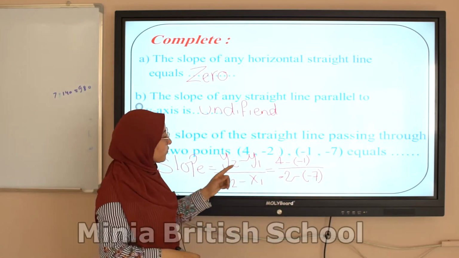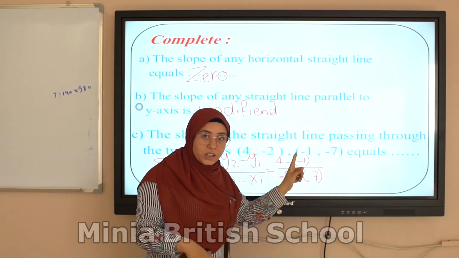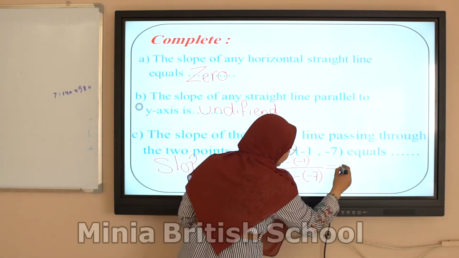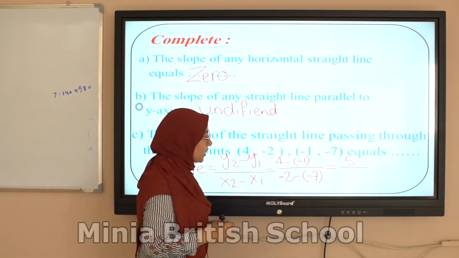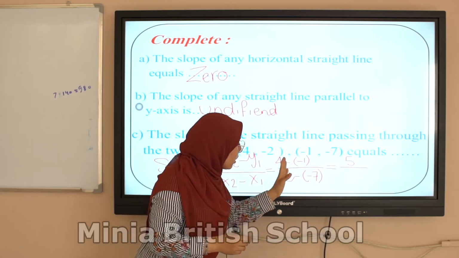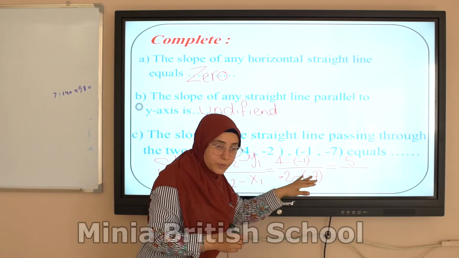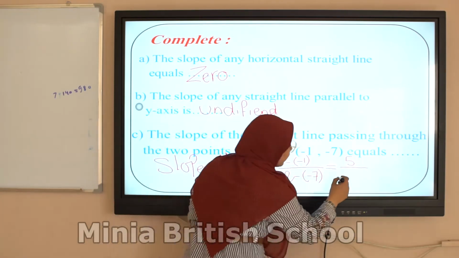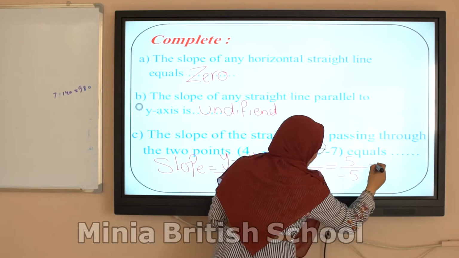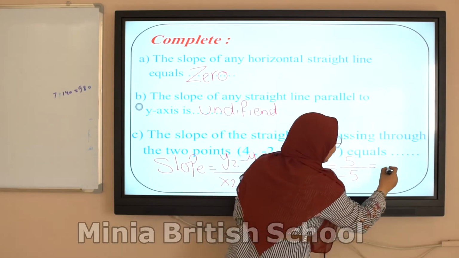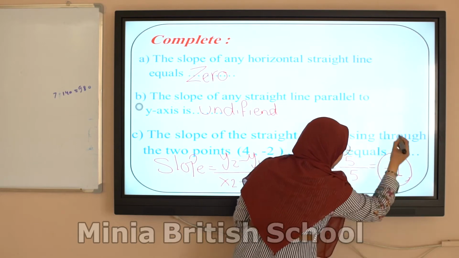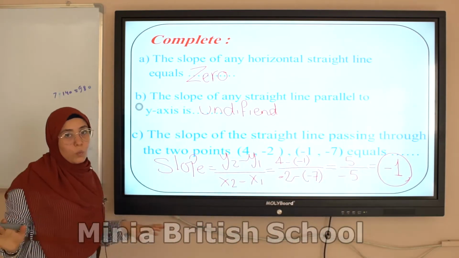Negative and negative is positive, so 4 plus 1 equals 5, and -2 plus 7 equals 5. So the slope equals 1.